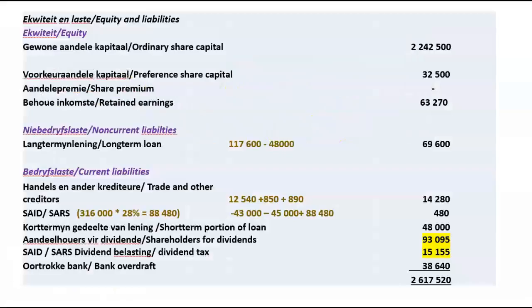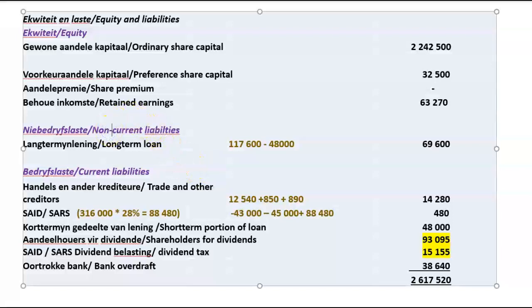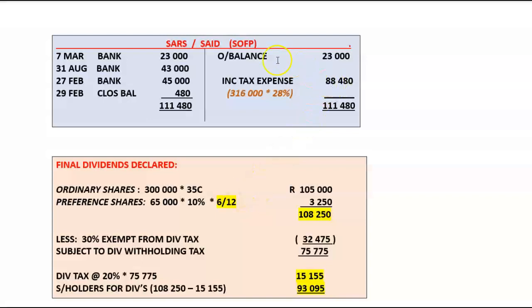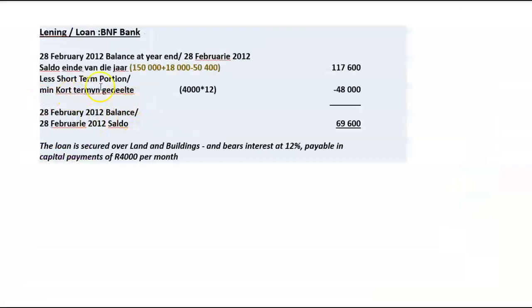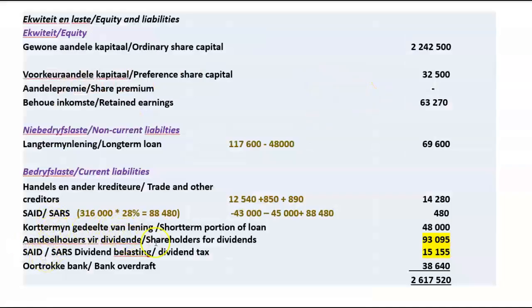You also have to do the statement of financial position. So under non-current liabilities, you're going to show long-term loan, 69,600. You are going to show short-term portion of long-term loan, 48,000.